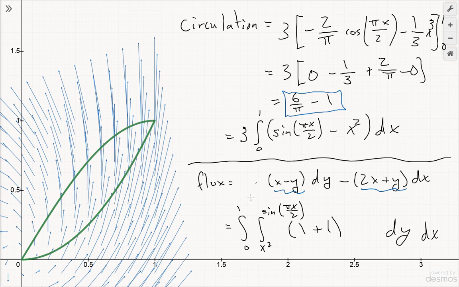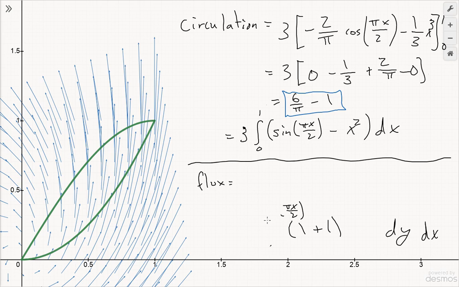So the flux will just be whatever this was times 2 over 3. So this will be 4 over pi minus 2 over 3.